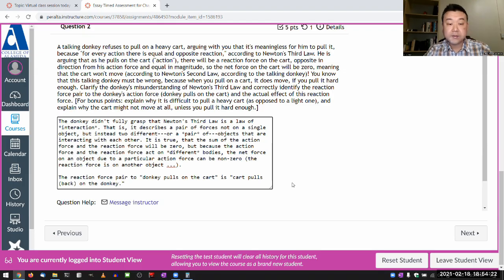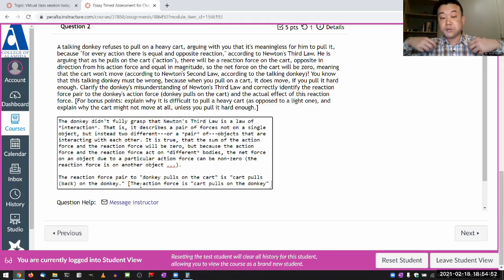In fact, because action-reaction is not a cause-effect relationship, you can reverse these two things and it should still make sense. Like if I said instead the action force is the cart pulls on the donkey, because the cart is attached to the donkey, so as the donkey tries to move forward, the cart is just going to hold the donkey back.